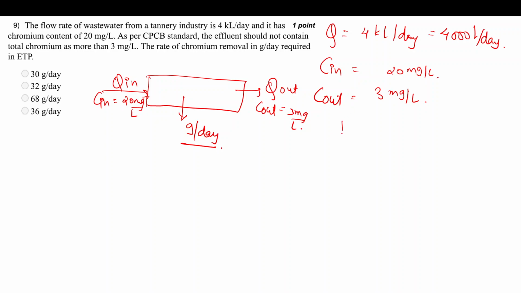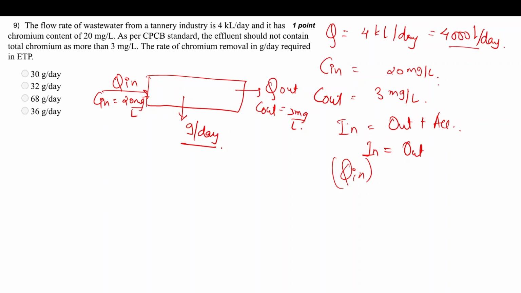In equals out plus accumulation. Whatever the concentration is inside, that will be coming out. So overall mass balance, in equals out here, because we are considering an equilibrium process. There is one in stream, which is Q in. So here you apply mass balance. The mass of chromium coming in can be obtained from the flow rate.